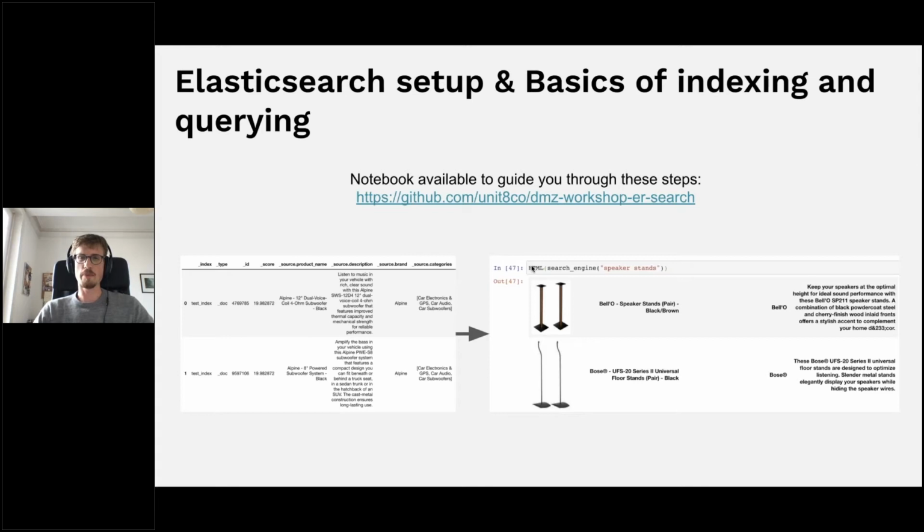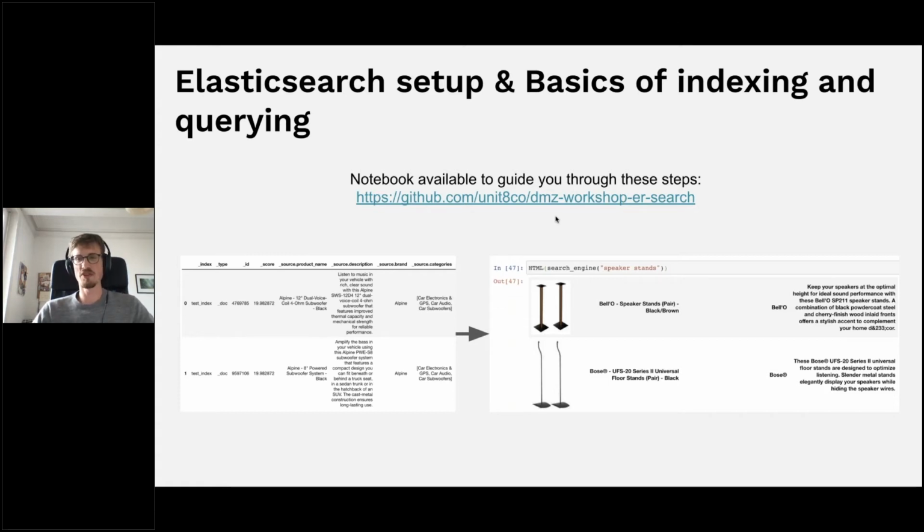During this talk, if I had a bit more time, I would go a bit more into how to set up Elasticsearch and what are the basic ways to index data and query. Today, I want to focus a bit more on how you can really customize your search results. So I'll try to introduce concepts as much as possible. But know that we have some notebook here where we introduce a lot of the basic concepts.